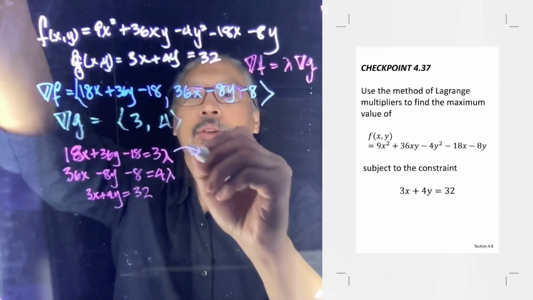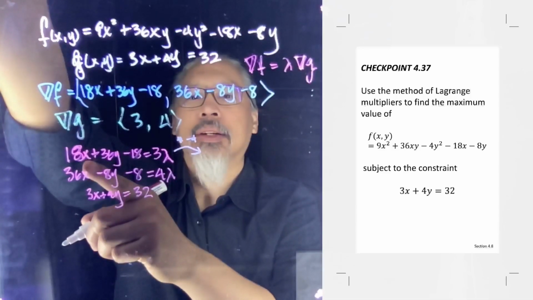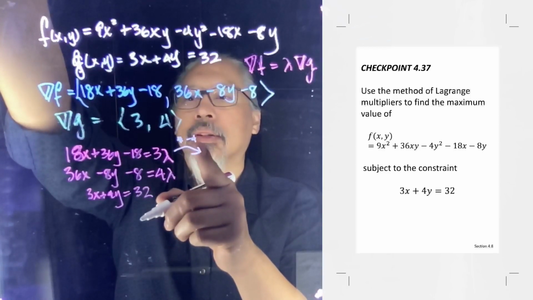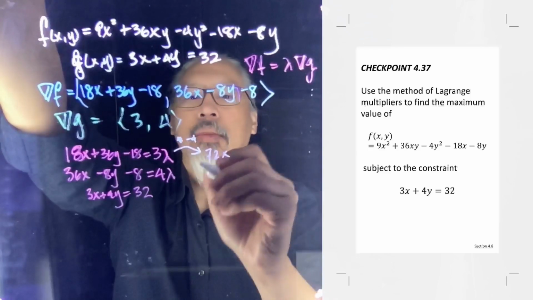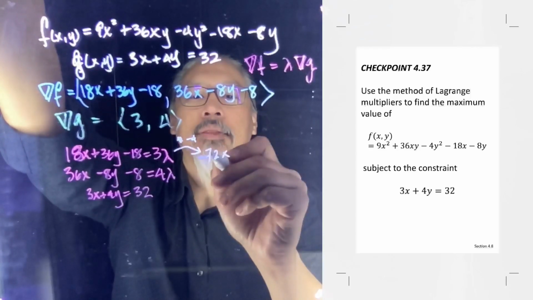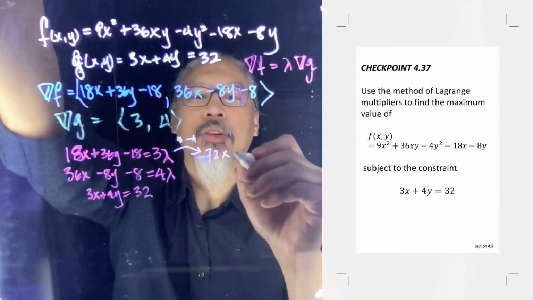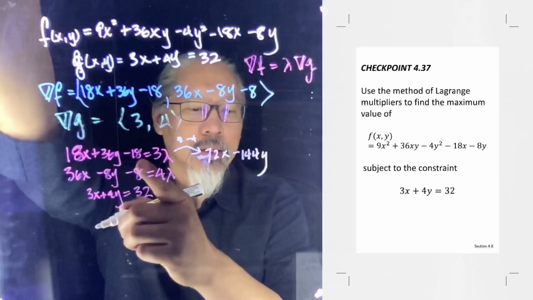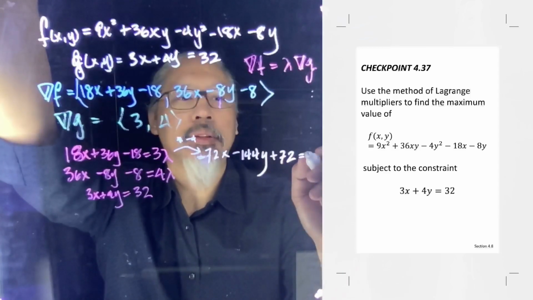So multiply this by -4, and we're going to get, let's see, 18 and 4, that would be negative 72x, and 36 and 4, that's negative 144y, and then 18 again, so that's 72 again, but this time it's going to be positive 72, and equals -12 lambda.